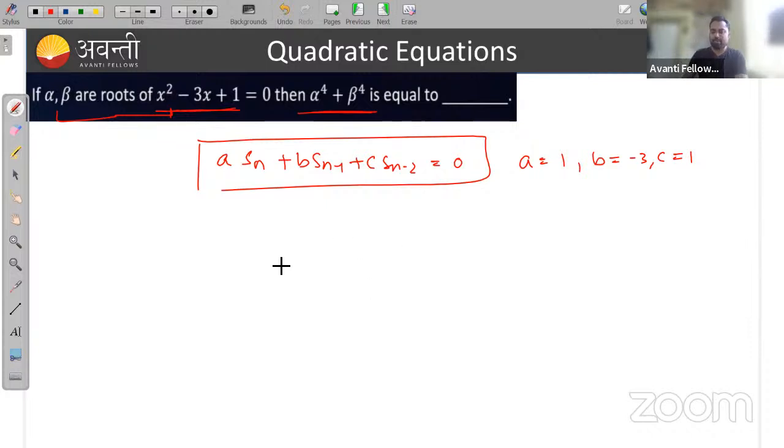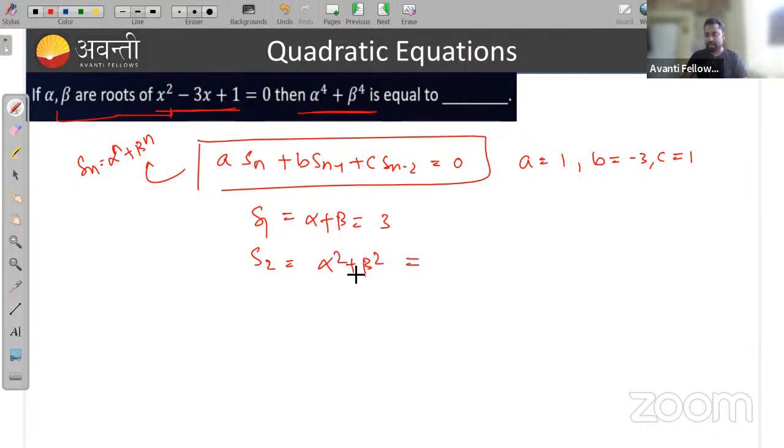First tell me, what is S1? Sn is equal to alpha to the power n plus beta to the power n. So S1 becomes alpha plus beta, which is the sum of roots, that is minus b upon a. So alpha plus beta I am getting 3. So what is S2? S2 is alpha to the power 2 plus beta to the power 2.